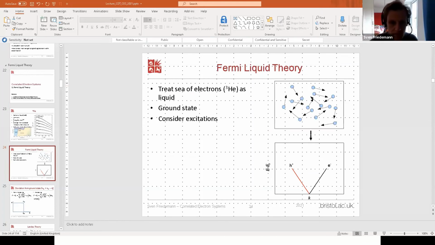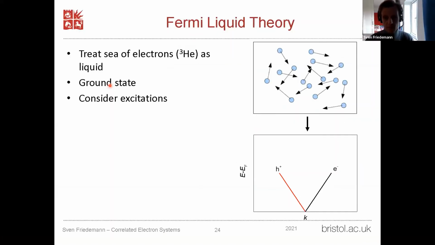Okay, so what's the basis of the Fermi liquid theory? The starting point is, of course, the very same picture that we've had before. You treat the helium-3 as a sea of particles. You have sketched them essentially as independent gas particles, but underlying that we've got a dispersion relation.